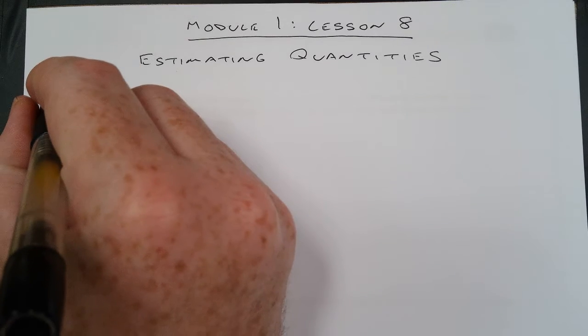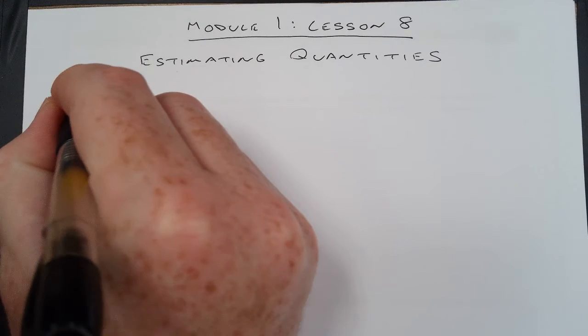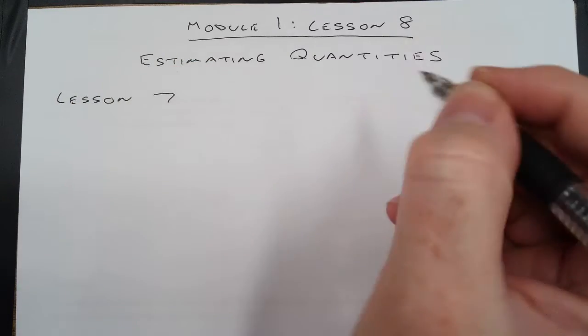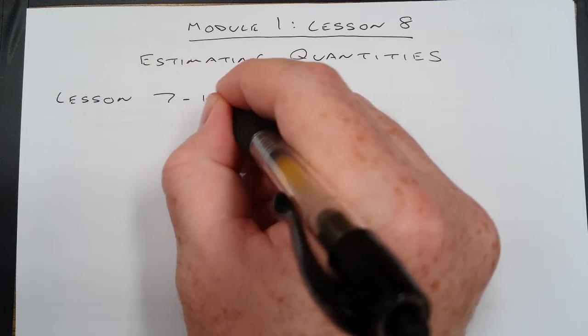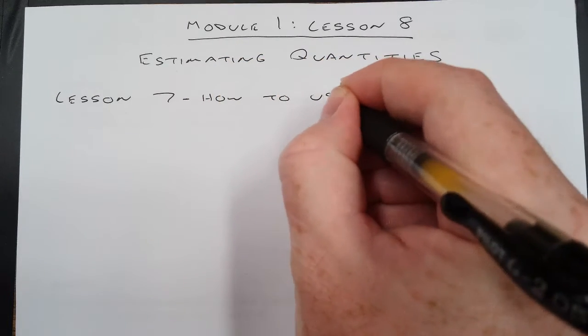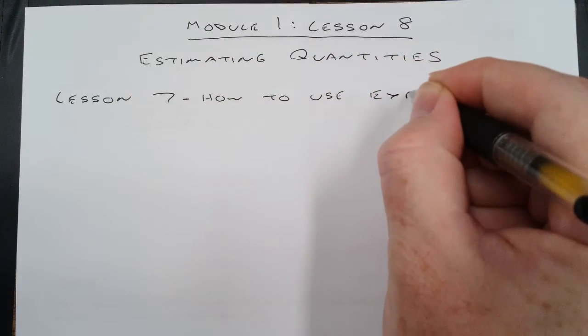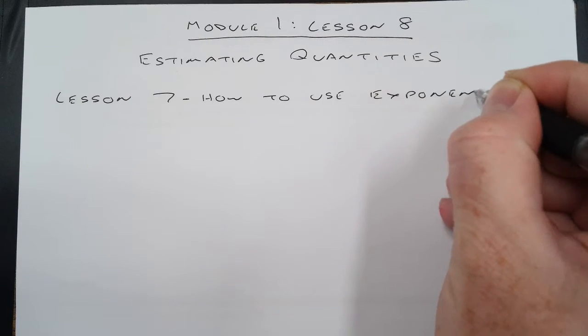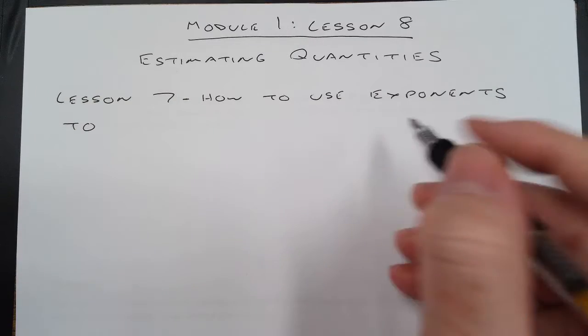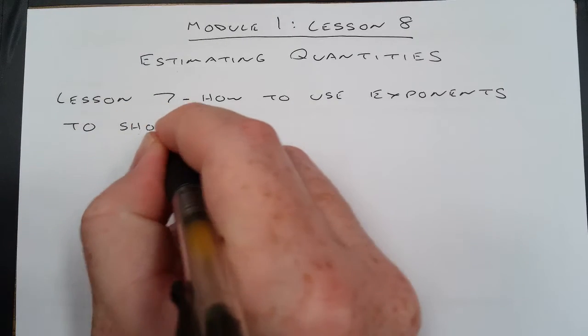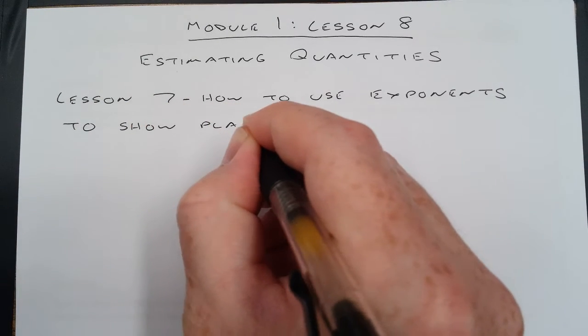So, in lesson 7, what lesson 7 showed us, lesson 7 is going to help us with this. We learned how to use exponents. A little reminder of the last lesson: how to use exponents to show place value.